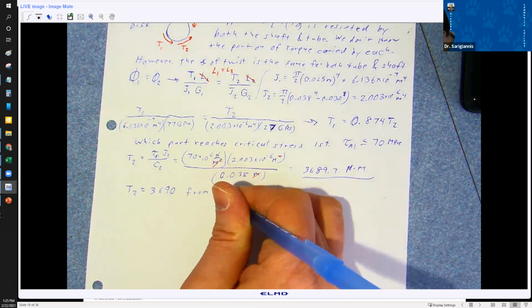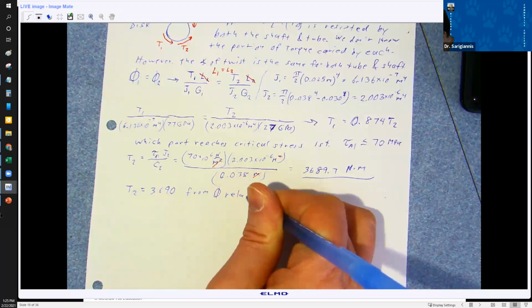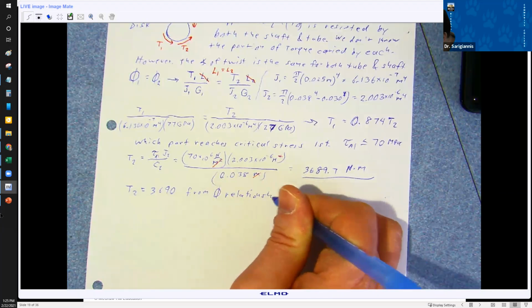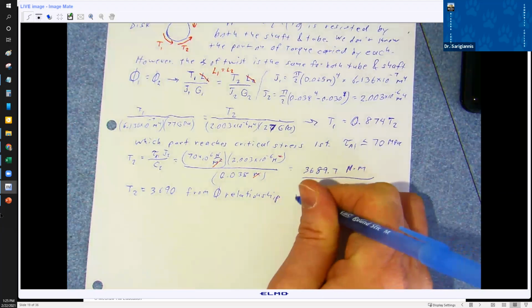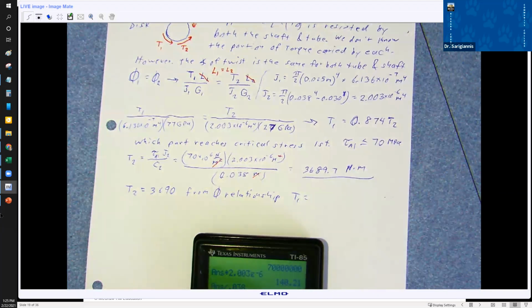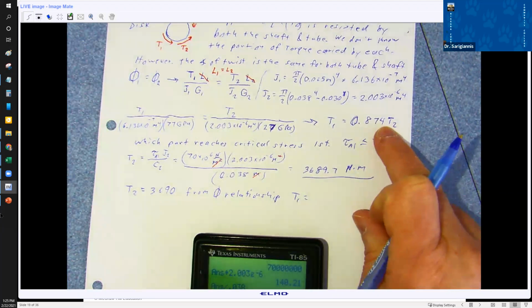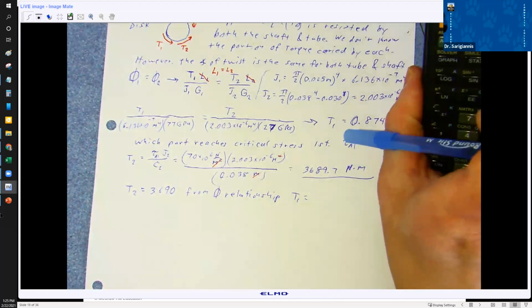From the angle of twist relationship, T1 is equal to, so I'm going to take that times 0.874. So it's like 32.